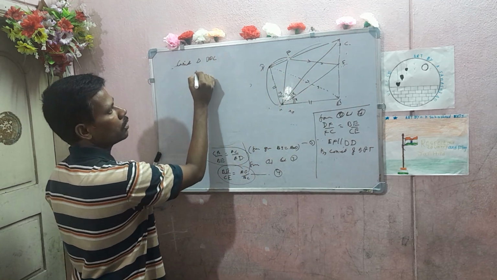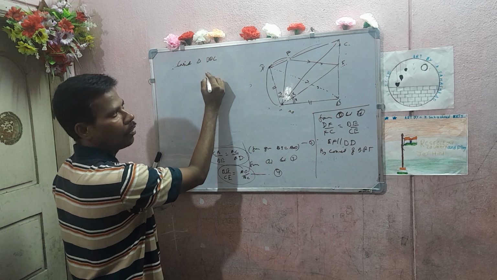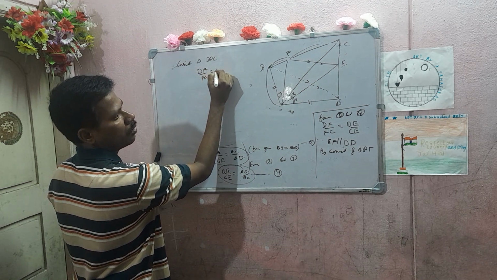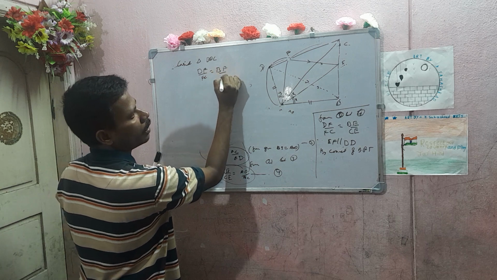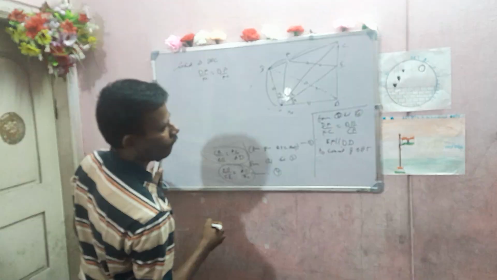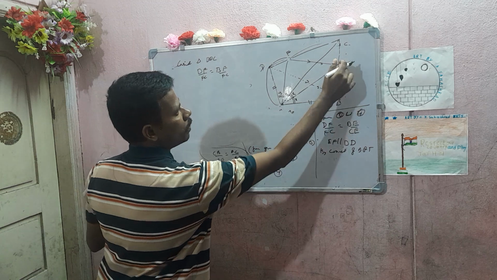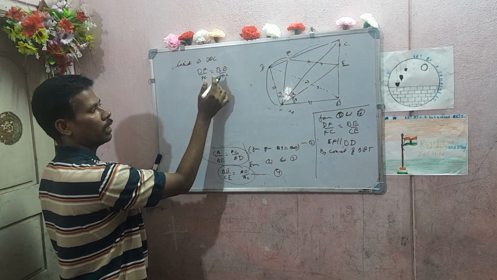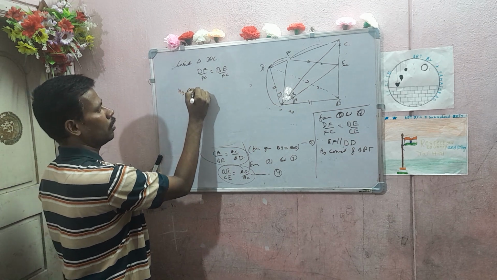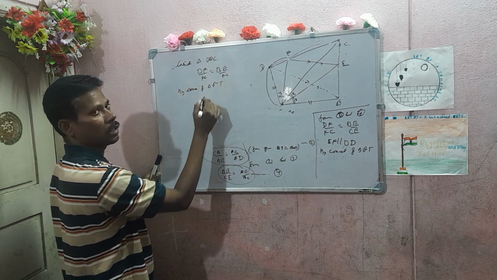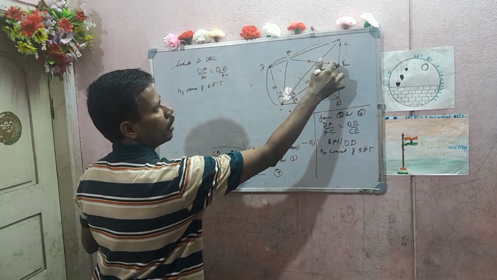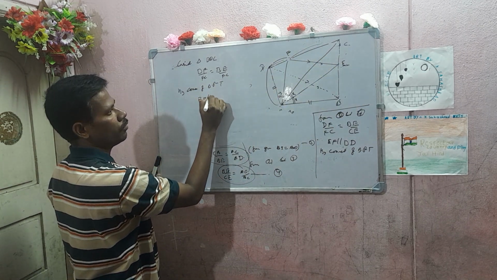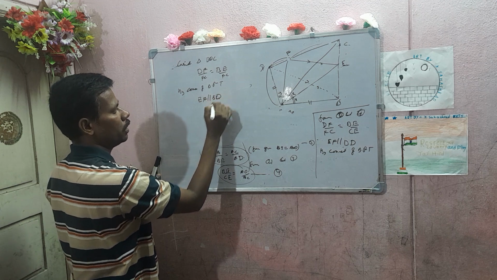In triangle BDC, what we have proved is DF by FC is equal to BE by EC. Therefore, by the converse of the basic proportionality theorem, if a line divides the other two sides in the same ratio, then that line is parallel to the third side. So EF is parallel to BD.